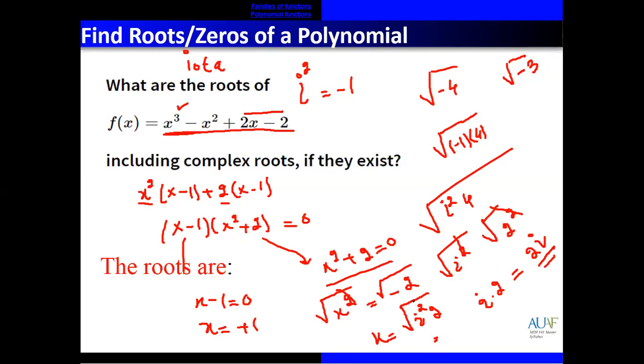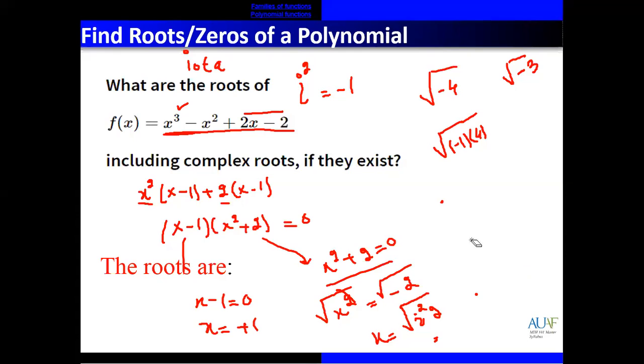Correct? So if we write in separate roots, we can write x is equal to iota square in a separate root, and we have 2 in a separate root.